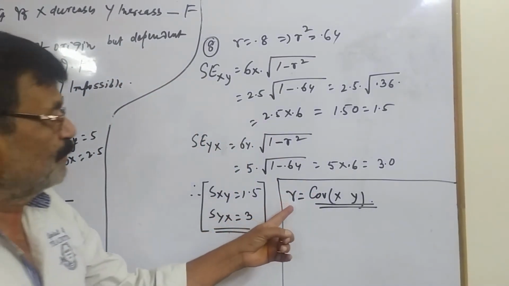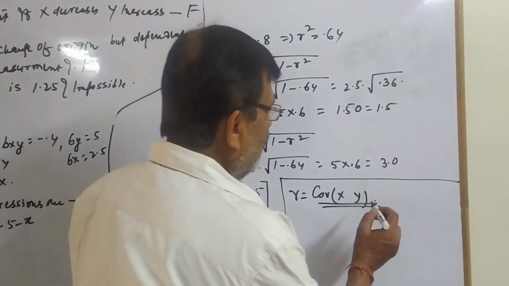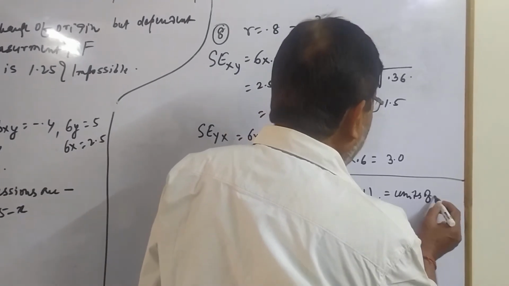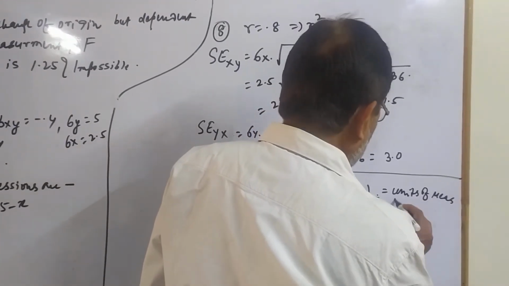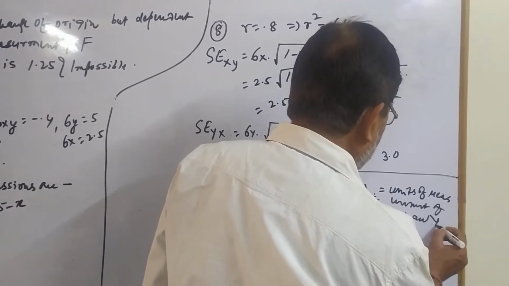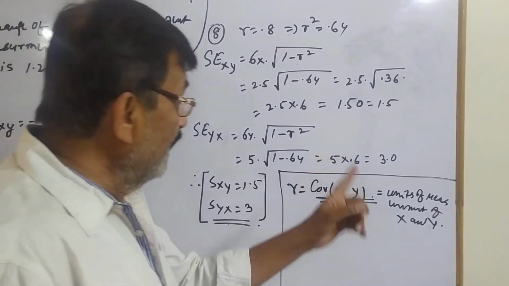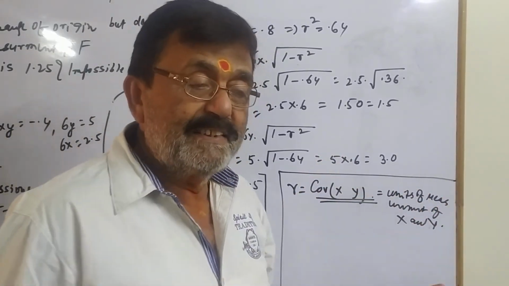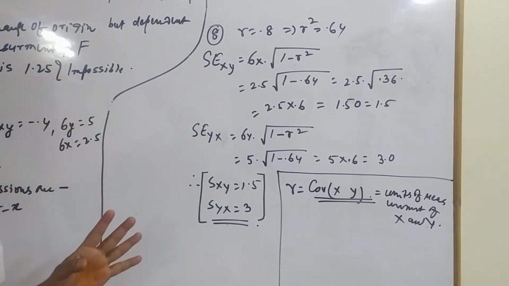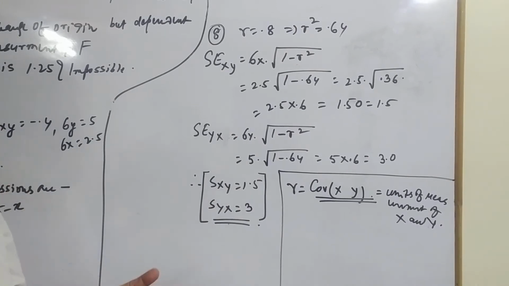But if Rxy would be covariance xy, then definitely we shall have the units of measurement of x and y. So to get rid of this problem, because any statistical measure does not have any units of measurement anywhere in statistics, all statistical concepts are always free from any units of measurement.